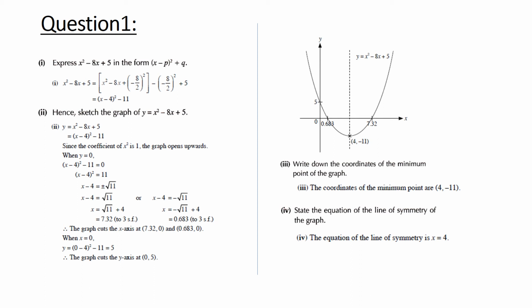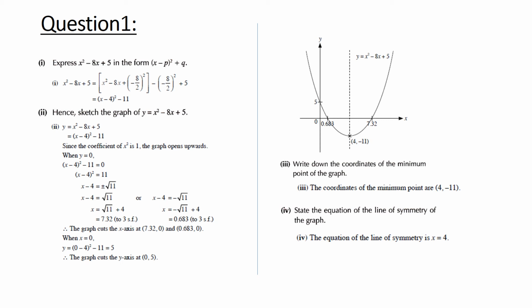Furthermore, we need its intercepts to have a better sketch. For that purpose, let us find its x-intercepts, that is where the curve will cut the x-axis. For this purpose, put y equal to 0 in the equation y equals x square minus 8x plus 5, or y equals (x minus 4) whole square minus 11.